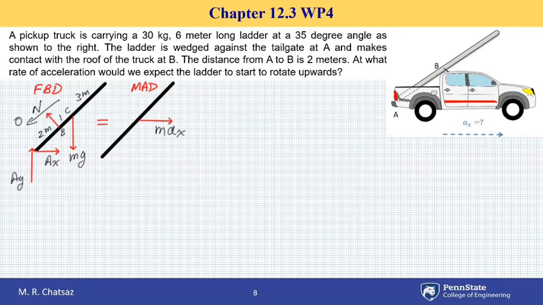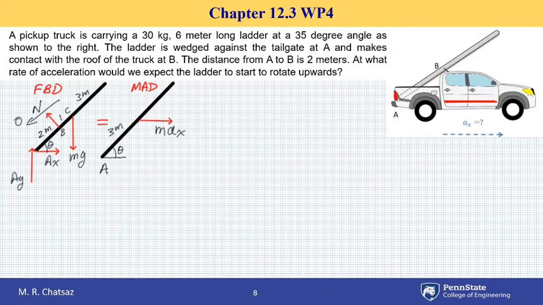So alternatively, I choose to find moment of all forces about the bottom of the ladder, which is point A. So let's label this as point A. Now I need perpendicular distances for finding moment of the forces. This angle is theta, which is known as 35 degrees. This distance is 3 meters.